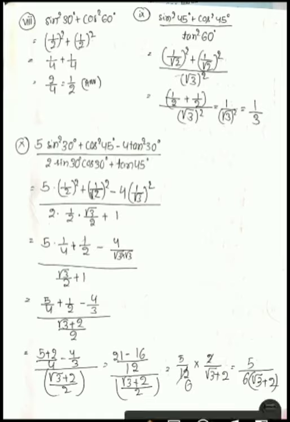Students, directly you can write it here 1 by tan square 60. Okay. Because already you know sin square theta plus cos square theta is equal to 1. So, you can write here 1 by tan square 60, or else by taking the values also you can solve it. Okay.